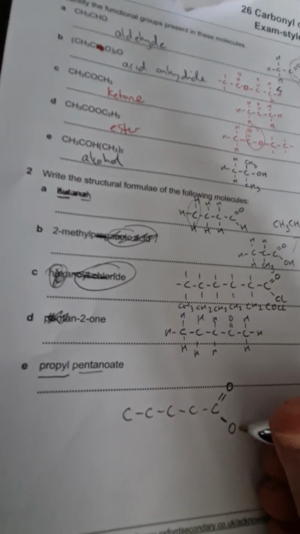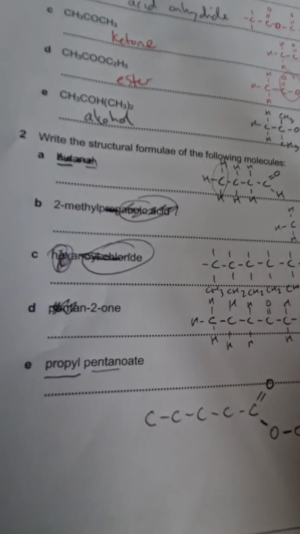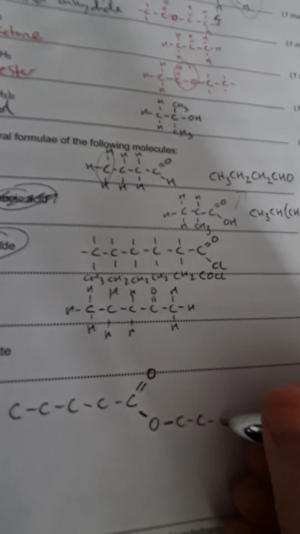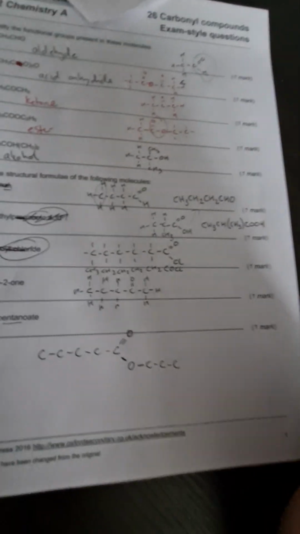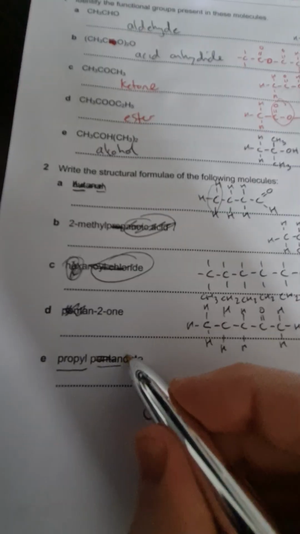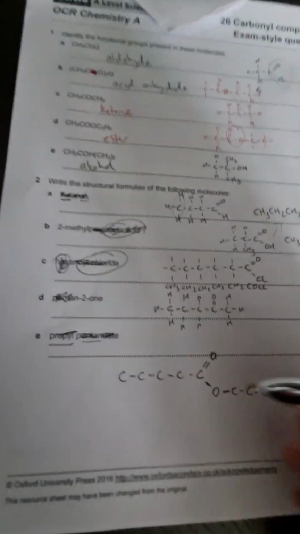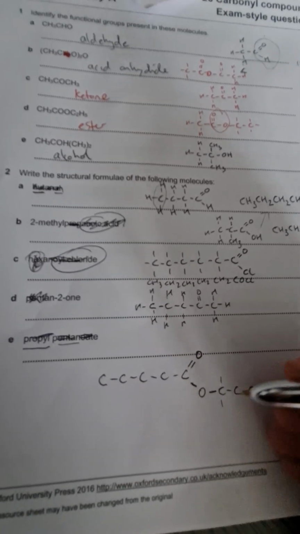This O needs 2 things coming out of it, but I know that this propyl bit is going to be attached that side. So meth, eth, prop. Okay, so here I've used all parts of the name, the pent bit, the oate bit, and the propyl bit now. So all I need to do is make sure that it follows the rules.